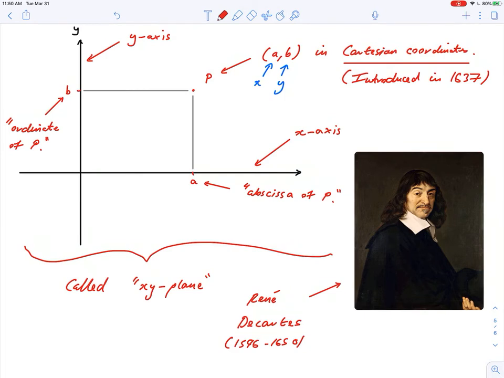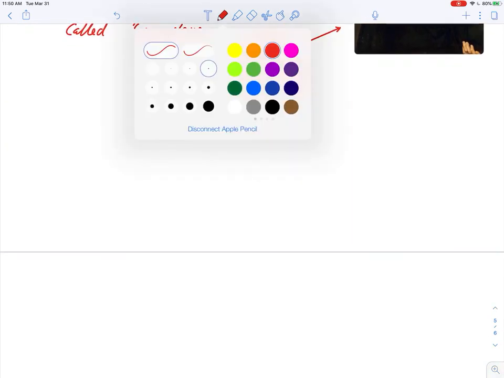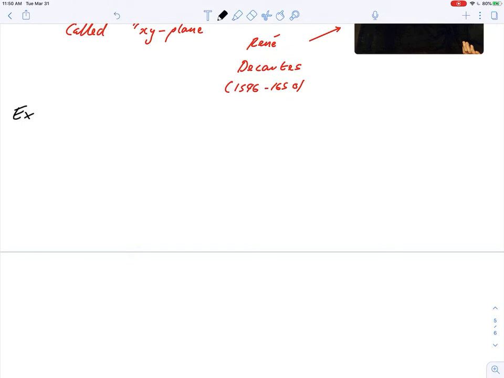Okay, so let's just do a quick example, shall we? On graph paper, I want you to draw an x-axis and a y-axis.